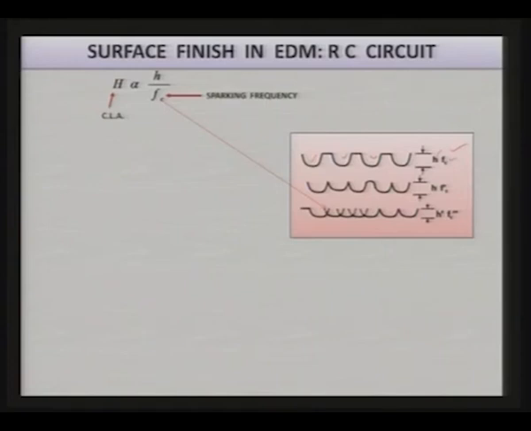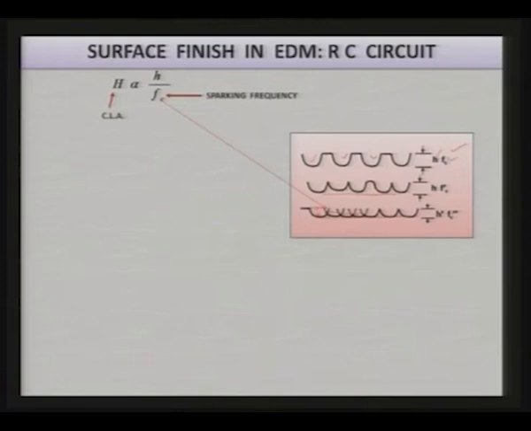Now, if the frequency of charging changes, you can get this particular type of crater formation, and they will be close to each other. Quite possibly, at a different frequency or due to the movement of the workpiece in the x and y directions, you will get overlapping craters. In this overlapping, you can clearly see that initially the depth is this, but when overlapping is there, the depth reduces substantially.